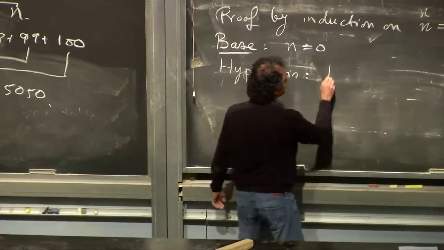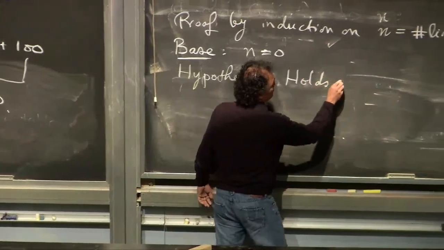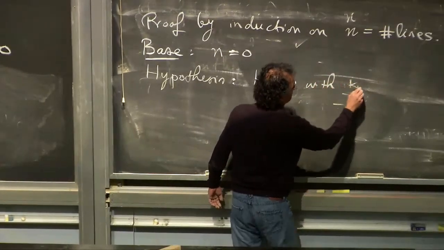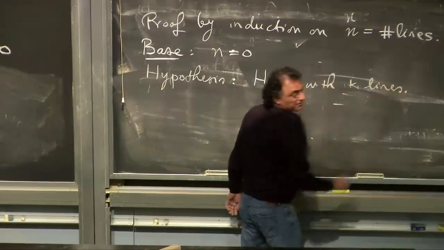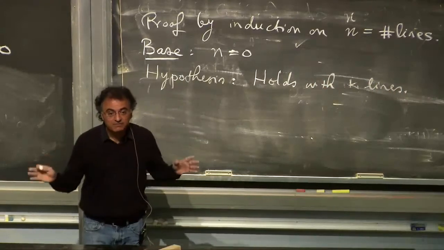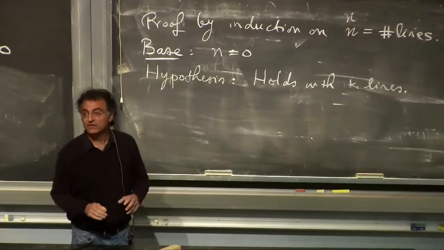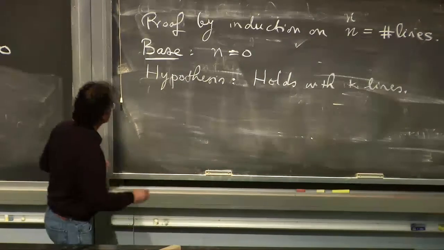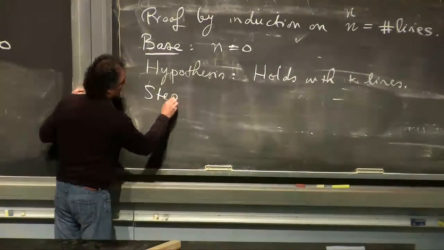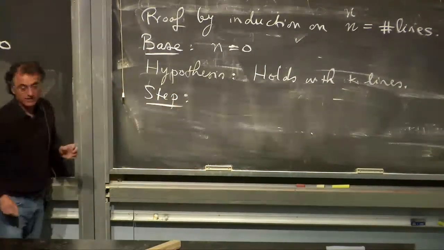It holds with k lines. Right? So if you have any map with k lines of this kind, you can color it using two colors. Step. Okay. So what's the step?